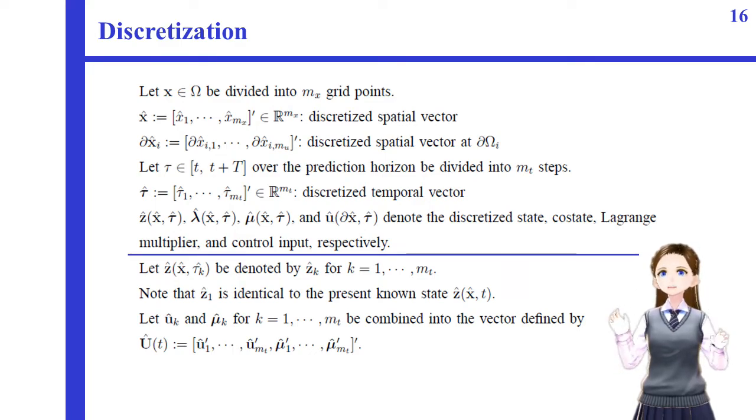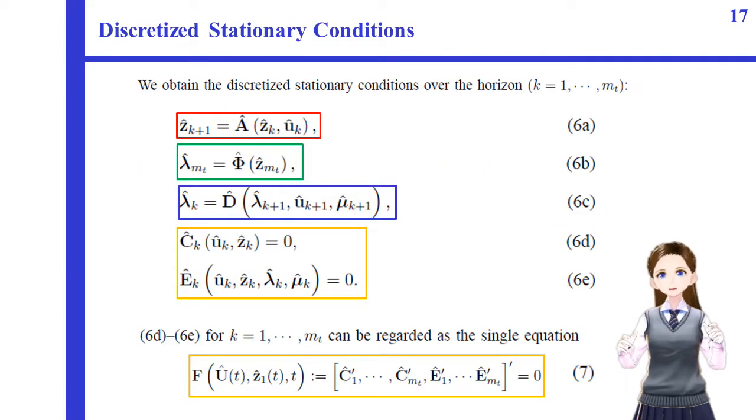Let optimization parameters u hat k and mu hat k be combined into the vector defined like this. Using these notations, the discretized stationary conditions can be written in a general form as shown here. Each part of the stationary conditions enclosed by each color line corresponds to each discretized condition enclosed by each color line. Here note that the condition 6D and the condition 6E can be unified into the condition 7.